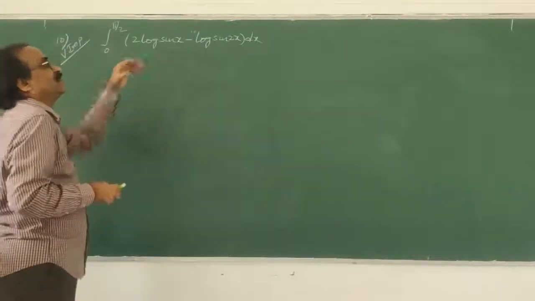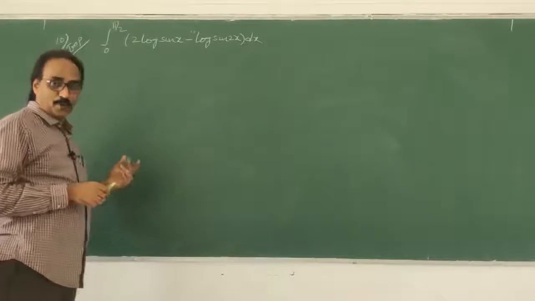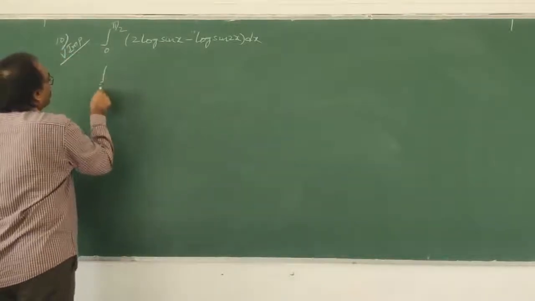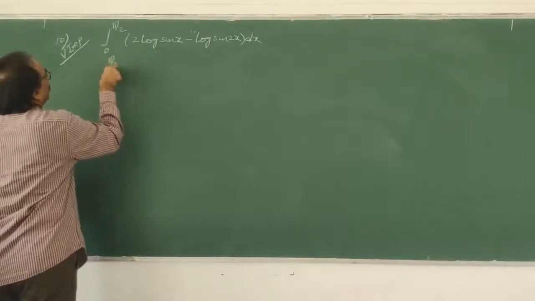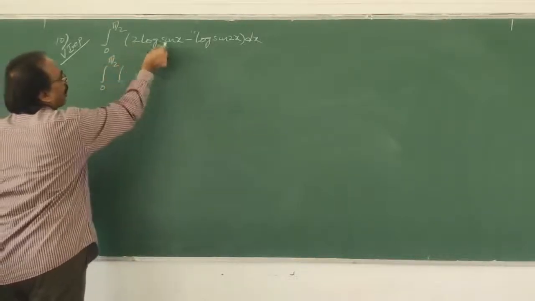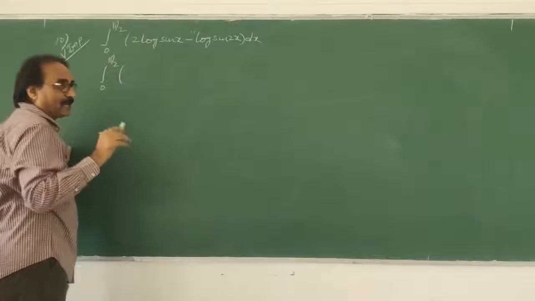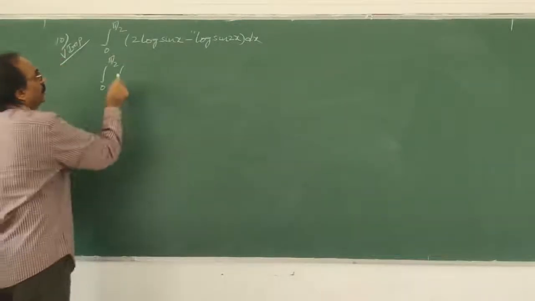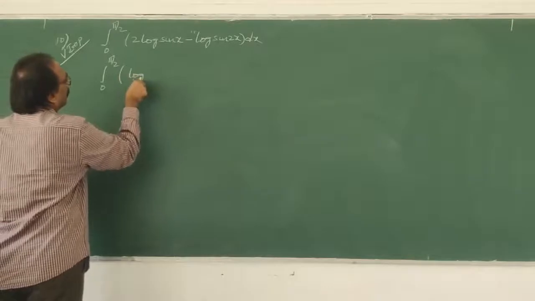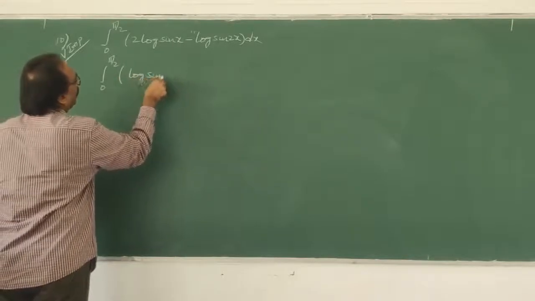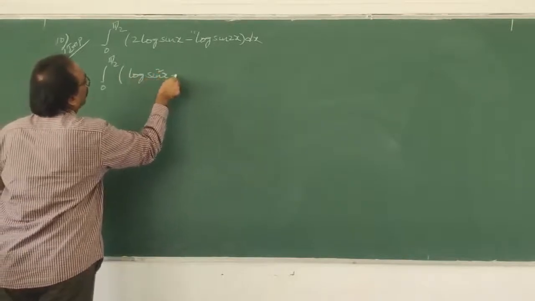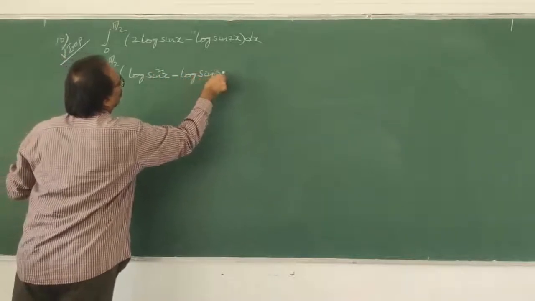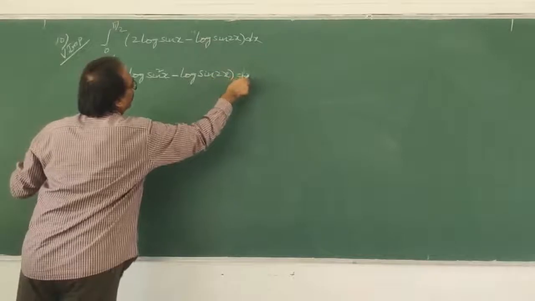I want to first simplify this before I go to any property. So first I want to write this as integral 0 to pi by 2 of n log x. We know the formula n log x is log x power n. That is nothing but log of sin x whole square, means sin square x, minus log sin 2x dx. My dear students, we know that because we did it so many times.